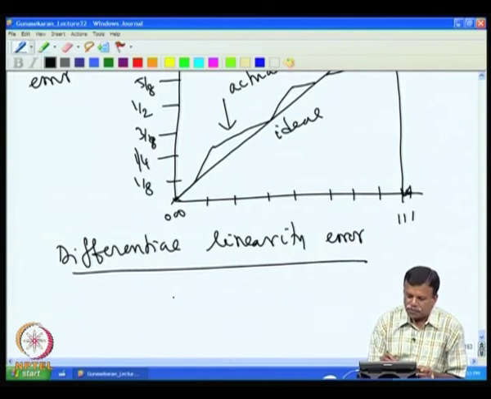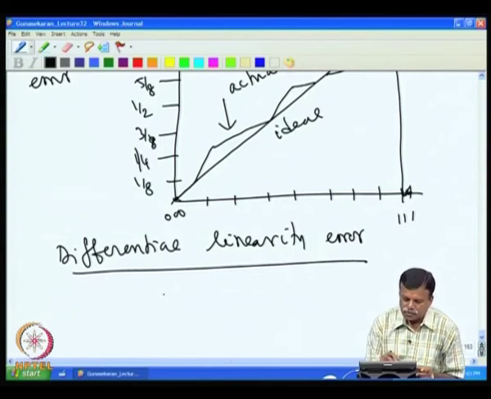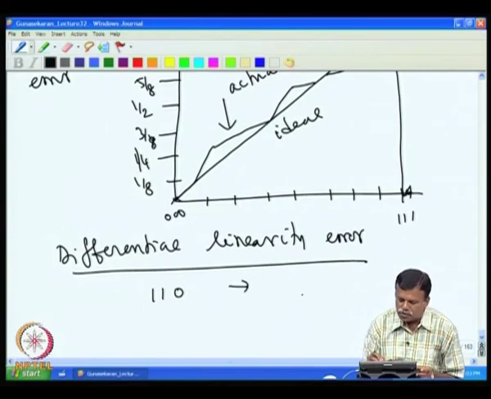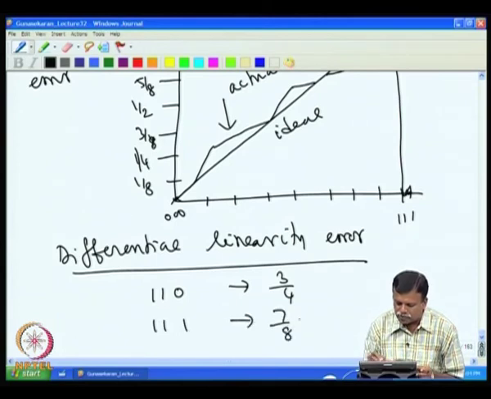For example, if I have say 110, it is supposed to give you 3/4 of a volt, and 111 is supposed to give you 7/8 of a volt.